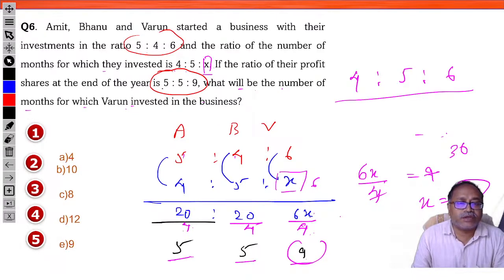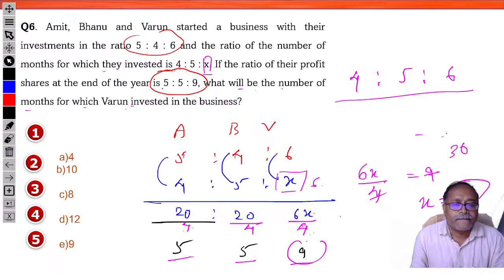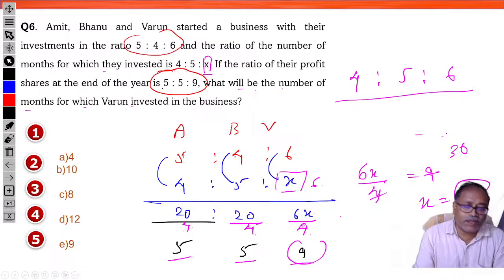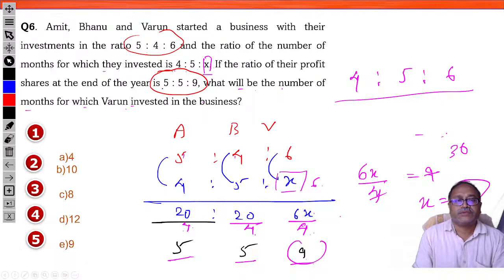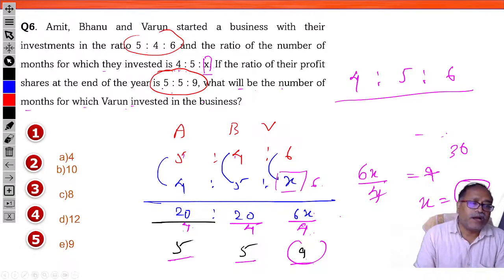So I am getting 6. Then this is 9. How is it? Okay. There is a small confusion over here, because the total number of months is not known to us here. Okay, I'll try to skip this question.